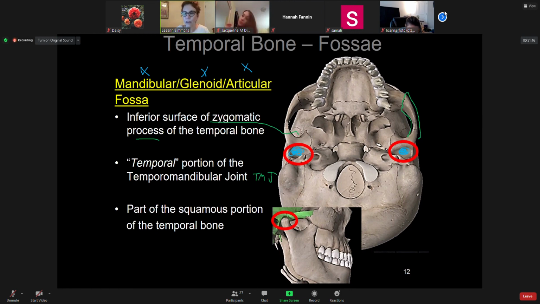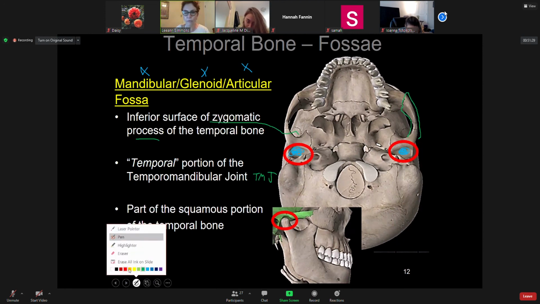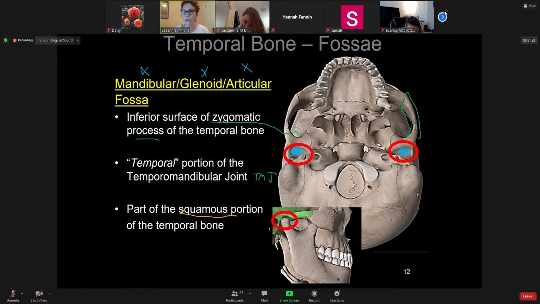And the fossa is part of the squamous portion of the temporal bone. That zygomatic process is part of the squamous portion, and so this fossa is as well. Remember that squamous portion was that whole fan-shaped side portion of the temporal bone, if we continue it up here like this.